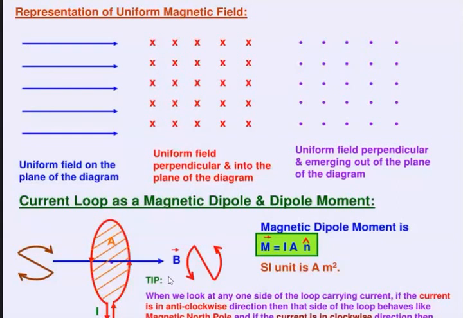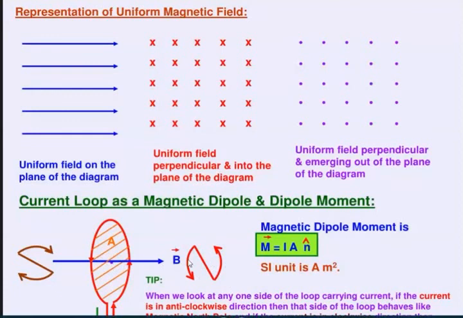So field lines coming out of a phase means it acts as a north pole, because field lines emerge out from the north pole and enter into the south pole. So here field lines appear to be coming out of this phase, so this phase acts as a north pole.